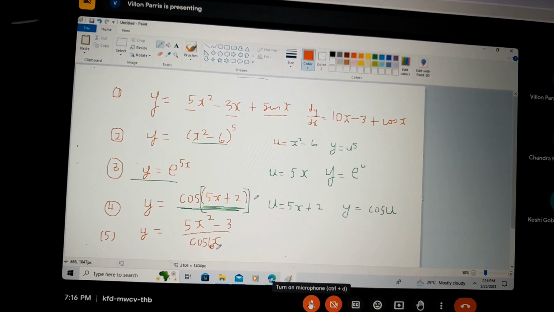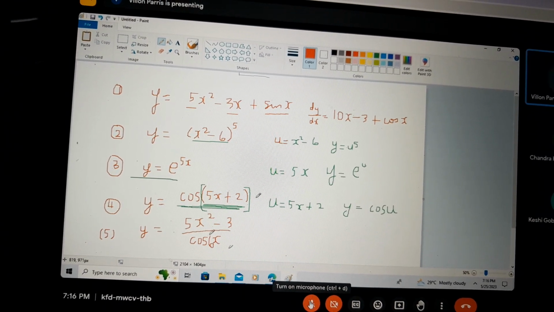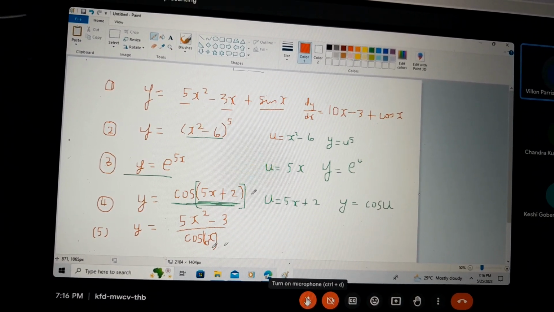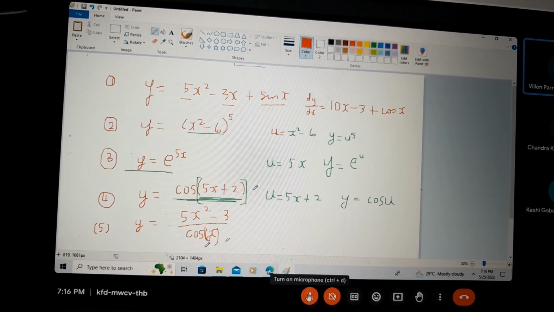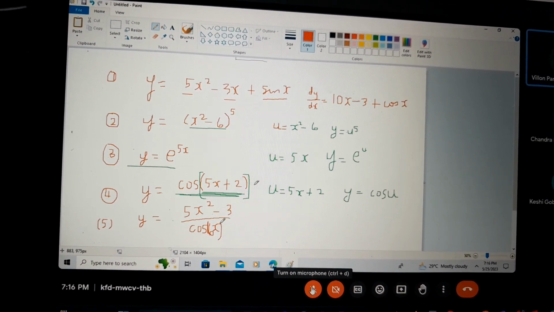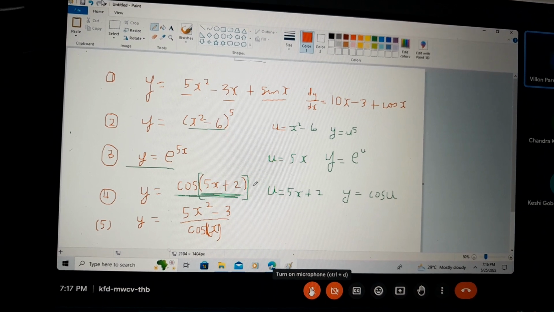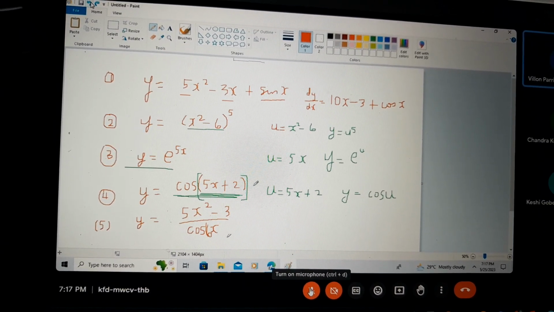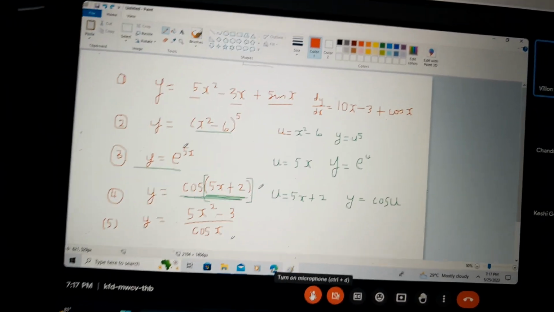Yes, sir, because cos is of something. Very good. We are taking the cos of another function. If it's x by itself, it's okay. If it's u by itself, it's okay. But once there is another function inside, then you need to utilize the chain rule.